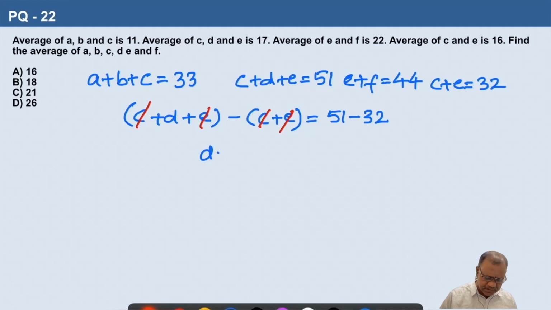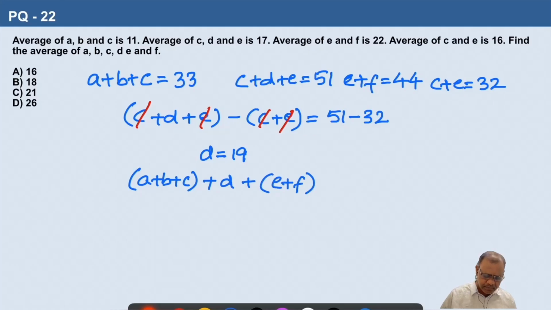So D is equal to 51 minus 32, which is 19. So A, B, C we know, D we know, E and F also we know. So A plus B plus C plus D plus E F divided by 6. This gives the average.